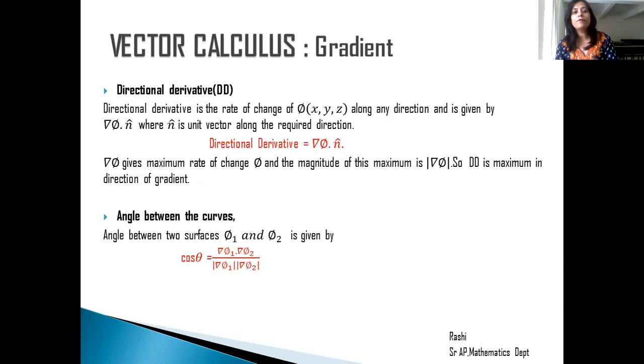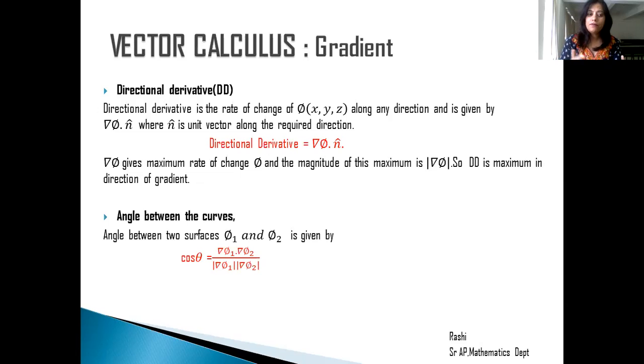Now, the concept of gradient can also be used to find the angle between two surfaces. I told you gradient is normal to the equipotential surface, right? So if you have two surfaces, how do you get the angle between them? Take the normals to both surfaces and then find cos theta.